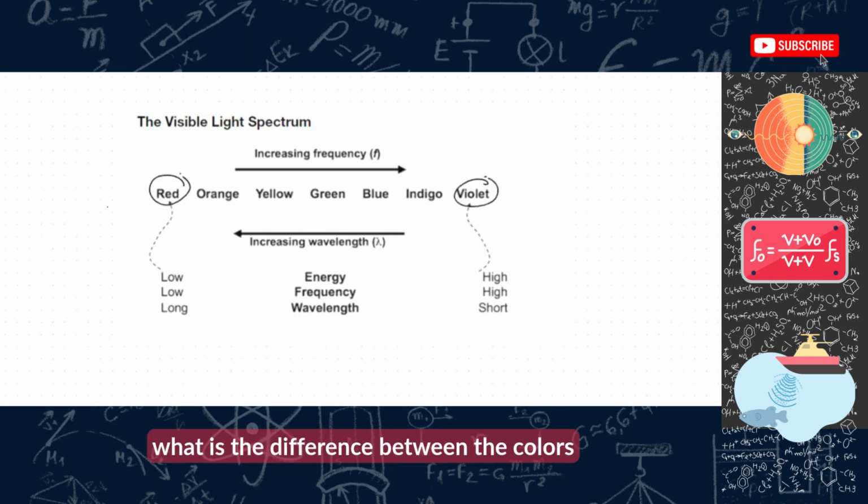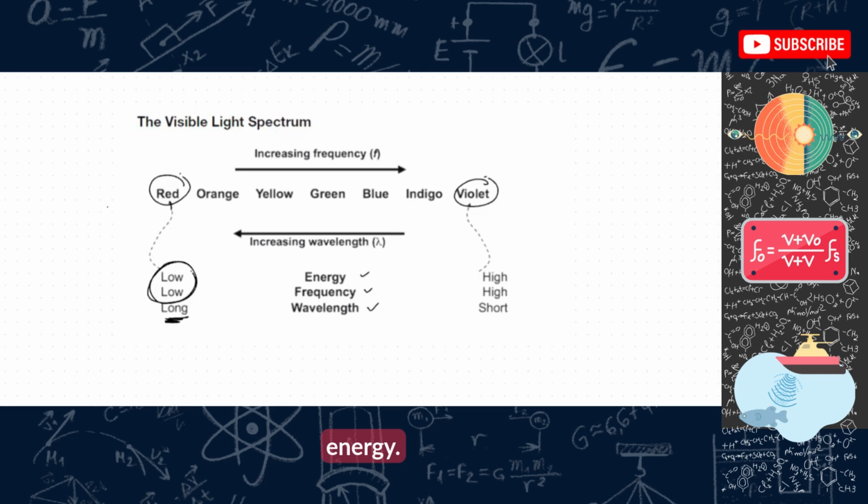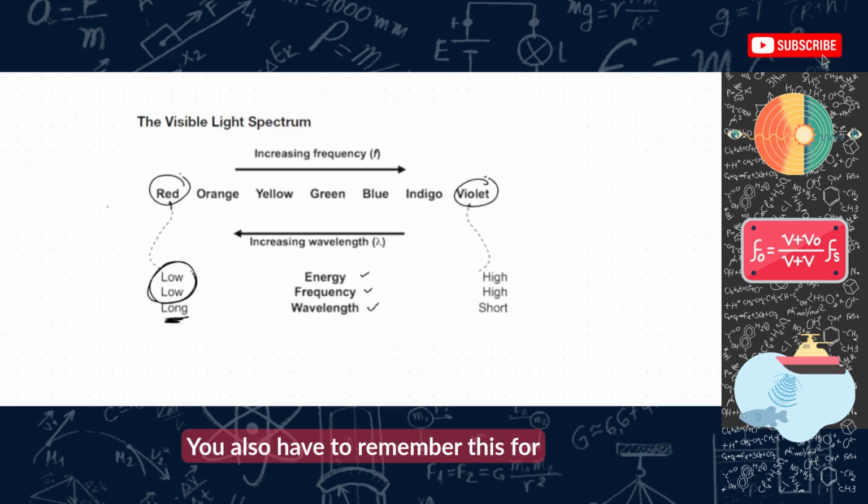Now, what is the difference between the colors with regards to their energy, their frequency, and their wavelength? We will see that at red, we have a very long wavelength, that is accompanied by low frequency and low energy. You also have to remember this for photons.